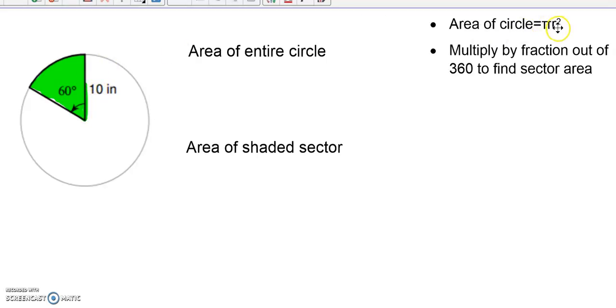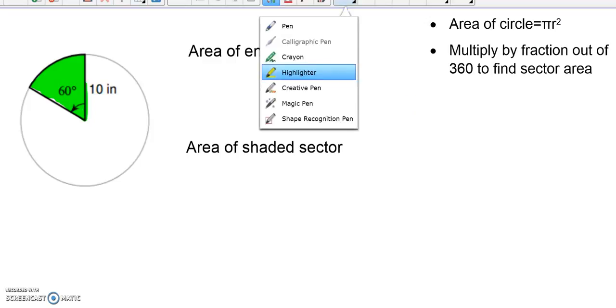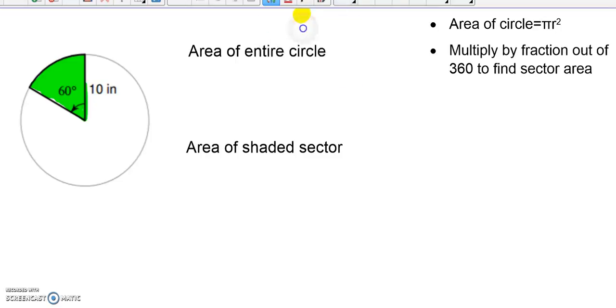So 10 squared will become 100. Area of the entire circle here is going to be 100 pi, which if you wanted to turn it into a decimal would be equal to about 314. But we're not going to do that just yet.